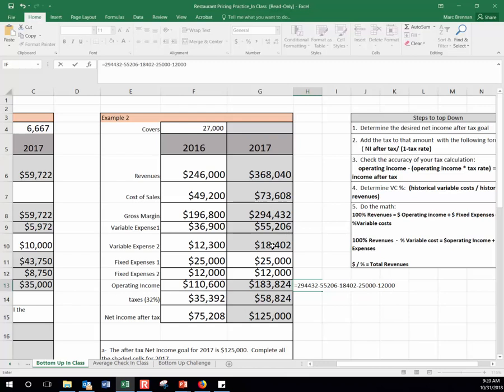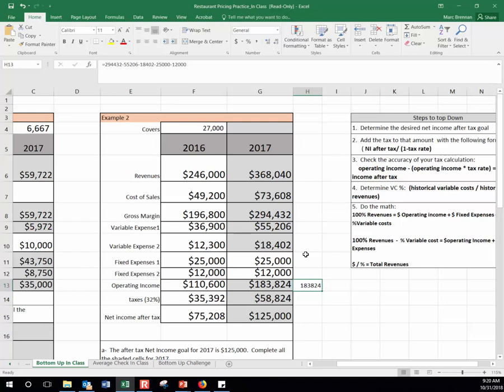If I've done this properly, because we're just doing the same math we would to find out my income before tax, I should press enter and I should have this number right here. Phew. So this is good news. This means that we've done this properly.